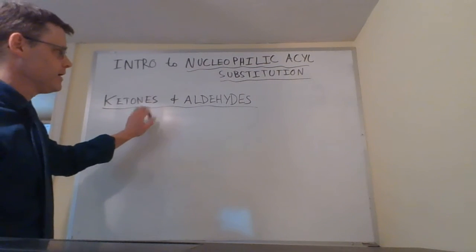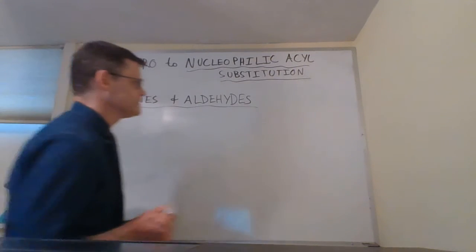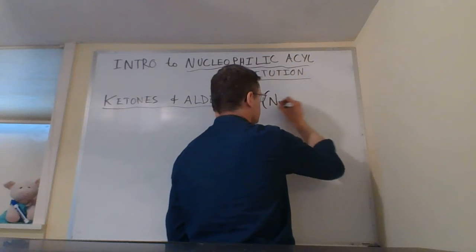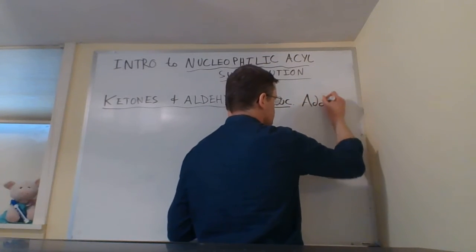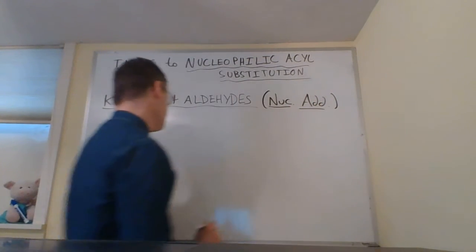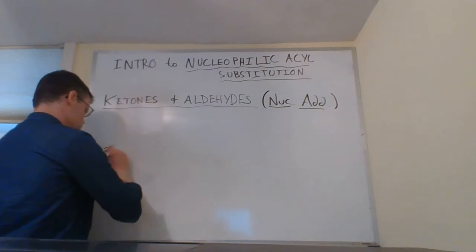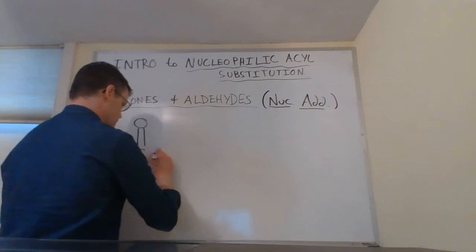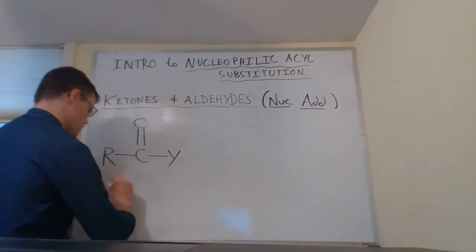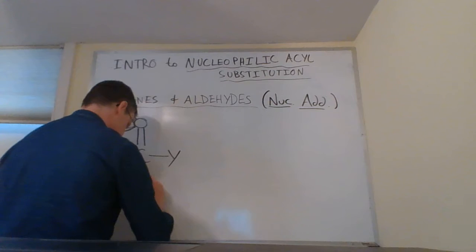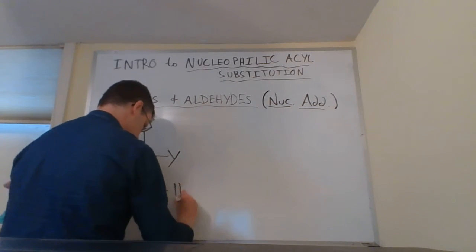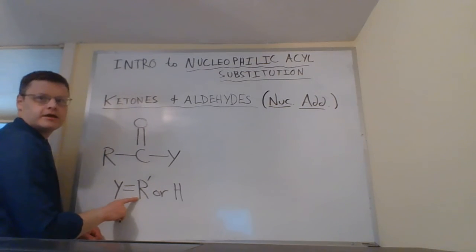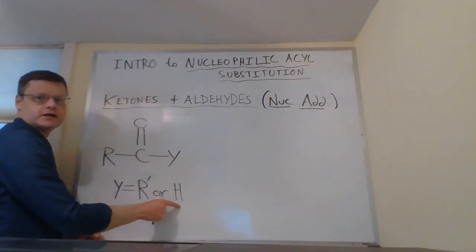With ketones and aldehydes, they tend to undergo a class of reactions known as nucleophilic addition. In nucleophilic addition, we had something like this, where Y equals R or H, and maybe I'll say R prime. If Y equals R, we have a ketone. If Y equals H, we have an aldehyde.